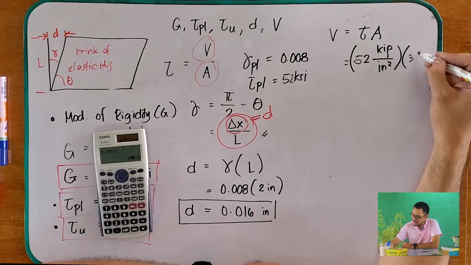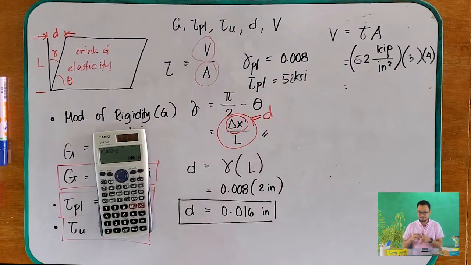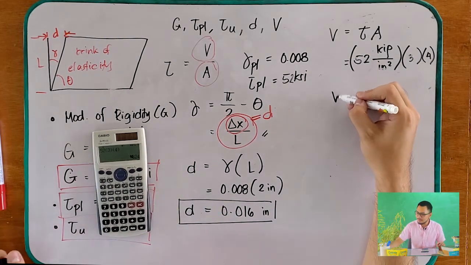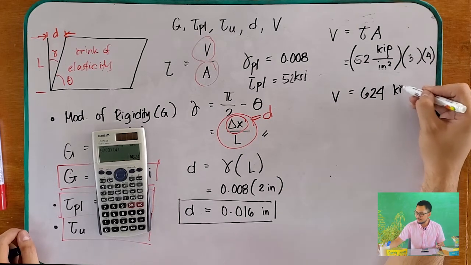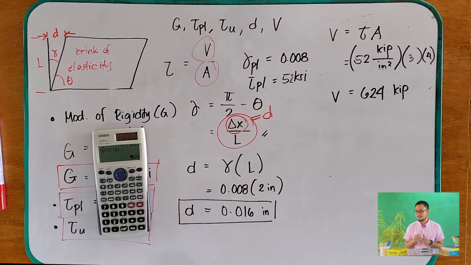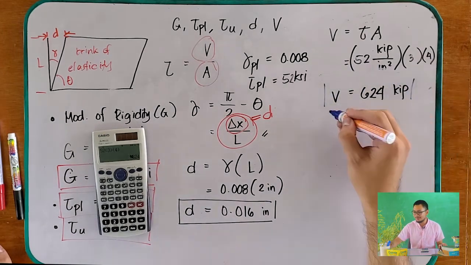So unsa may area dira? 3 inch times 4 inch. Wa na ko nagbutag unit kay wa na space. So your shear force is equal to 624 kilopounds. And this is your final answer.